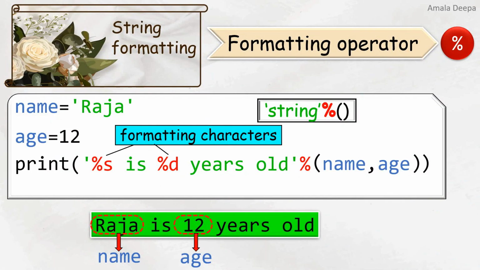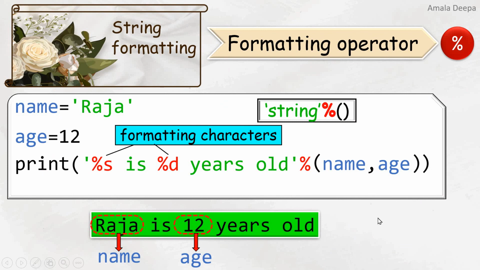Like that, there are several formatting characters and you should know which one to use where. So here I am using %s because I want the string Raja in the output. Since Raja is a string, %s. And here I want 12. Since 12 is a decimal integer, you should give %d.